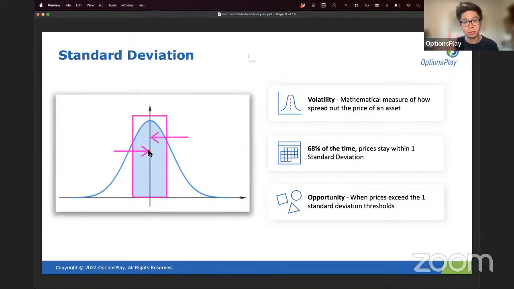So the standard deviation really gives you the average, and it gives you the range around that average that the asset tends to trade in 68% of the time. So if it trades outside of that range, you have a statistical edge that it will revert back to that mean. And that's at the core of this particular strategy.